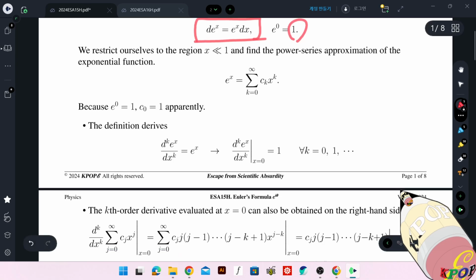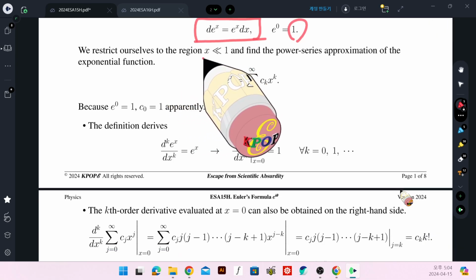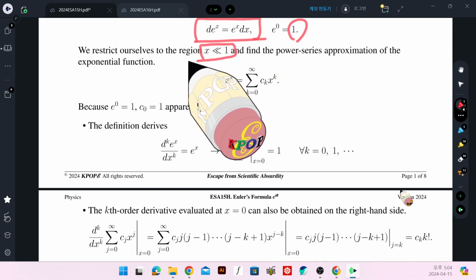Let's restrict ourselves to the region where positive x is much smaller than 1. At the end of the day, we will find that the expansion is true for all finite values of x.